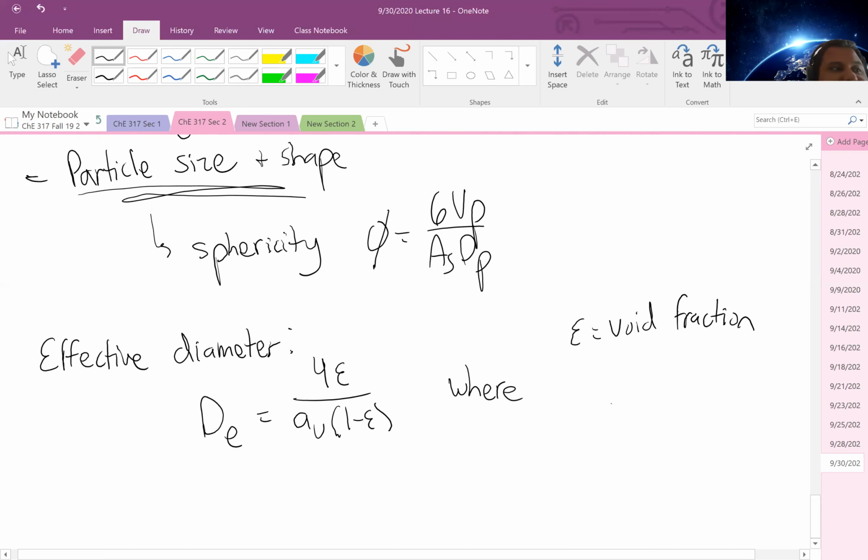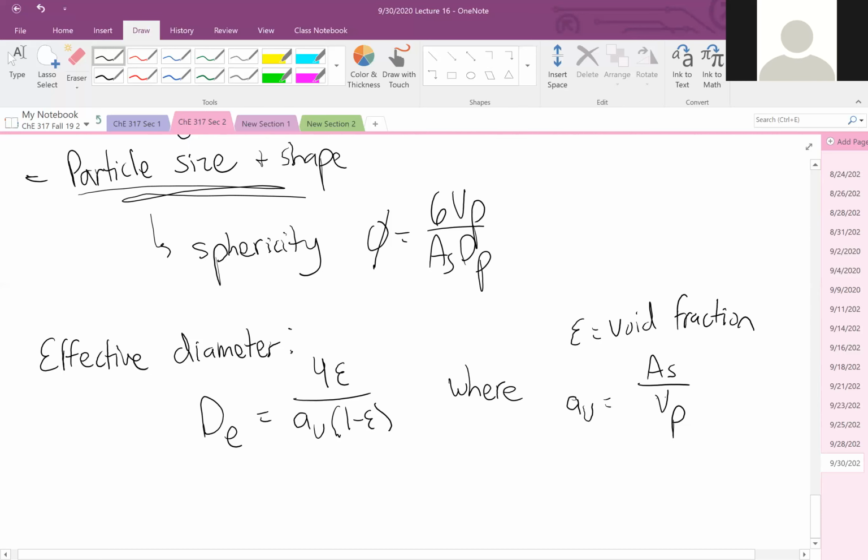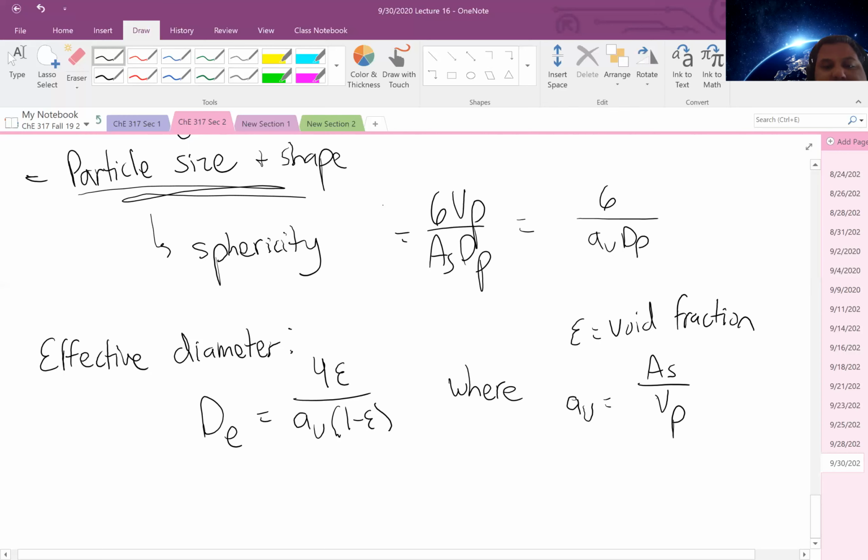And this AV is just a ratio of the surface area of the particle over the volume of the particle, which is why sometimes you'll see this in some sphericity calculations.